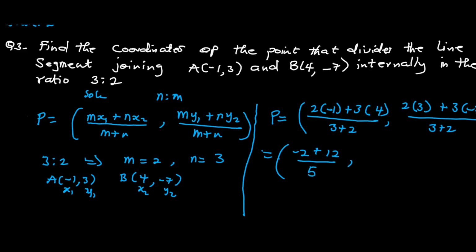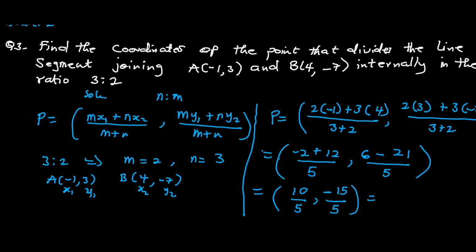And we have the same thing here. We have 6 minus 21 all over 5. Now if we simplify whatever we have here, we're going to have 10 over 5, and then we'll have -15 over 5.